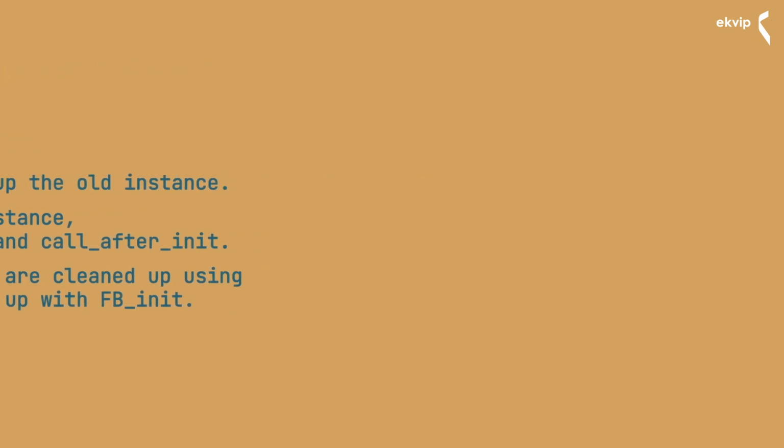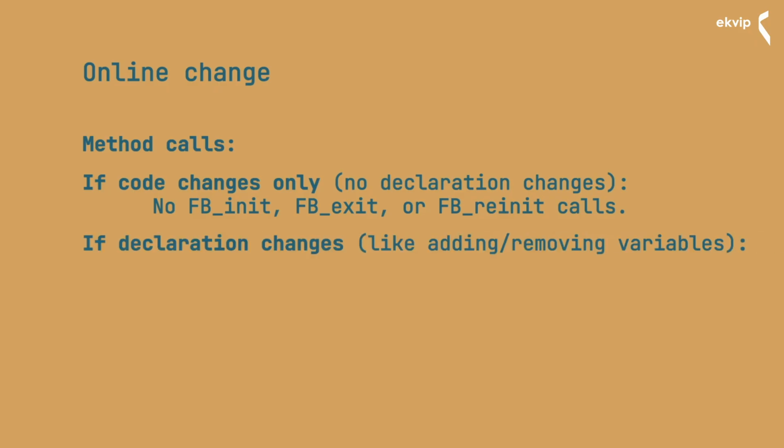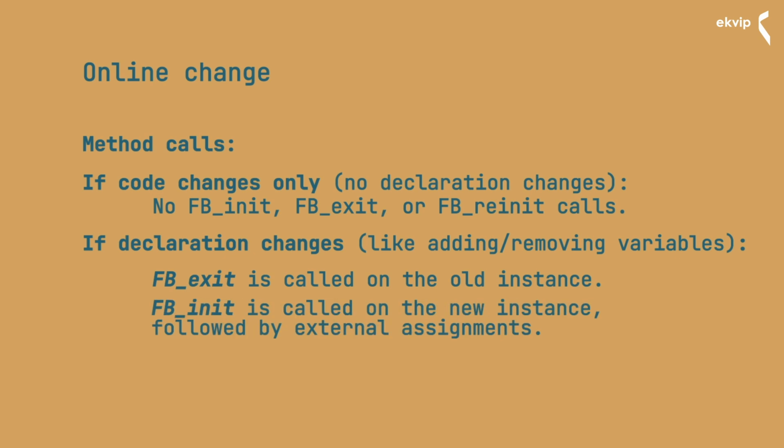Operating case 3, online change. What happens when you make live changes to the PLC project? Method calls: if code changes only, no declaration changes, no FB_init, FB_exit, or FB_reinit calls. If declaration changes, like adding or removing variables, FB_exit is called on the old instance. FB_init is called on the new instance, followed by external assignments.